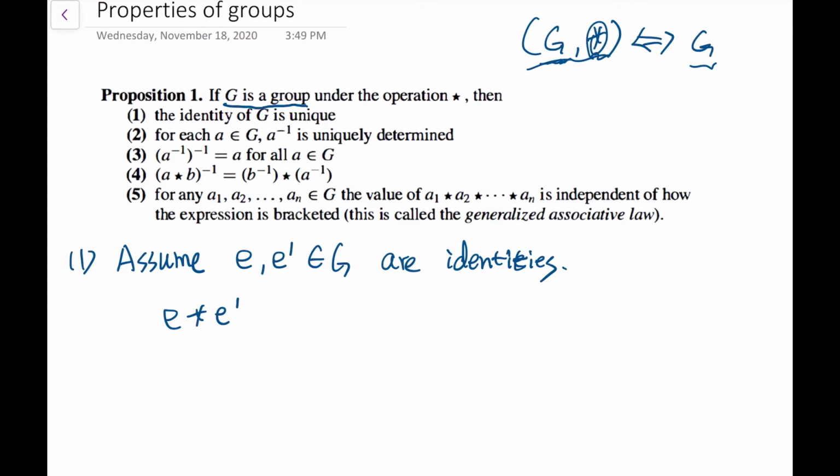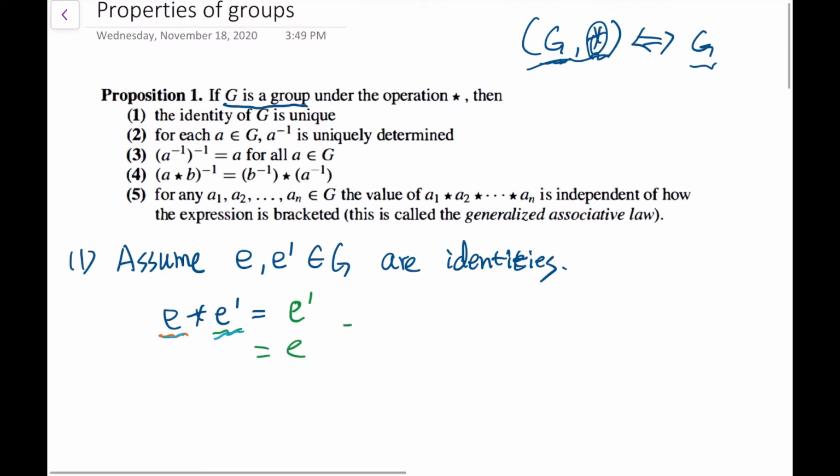And let's see what we can get. Because we know that E is the identity of the group G, by the definition of a group, the result should be E prime itself. Then, similarly, because E prime is also an identity of the group G, by doing the operation with the element E, we can get the result is also E.